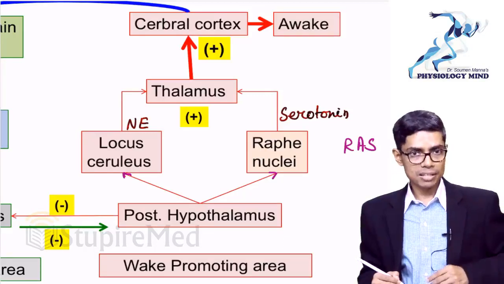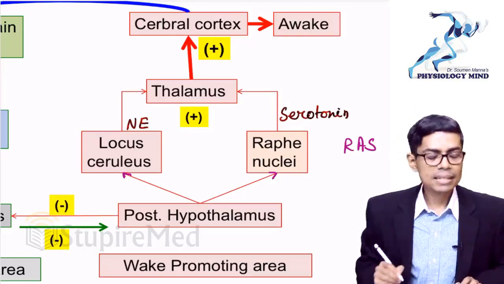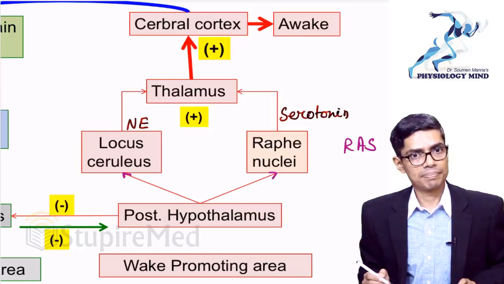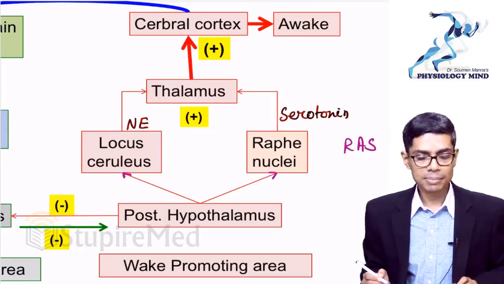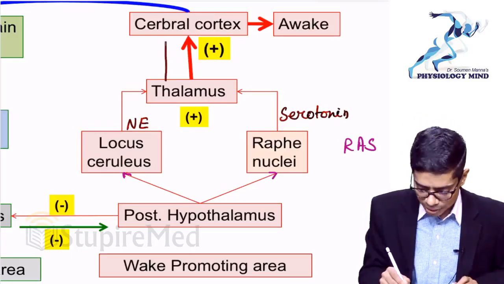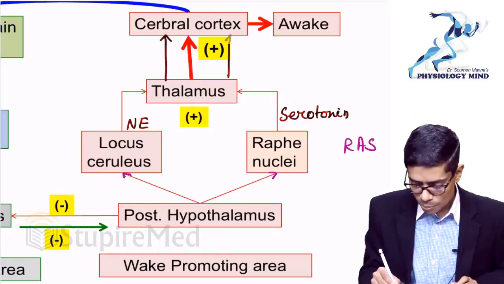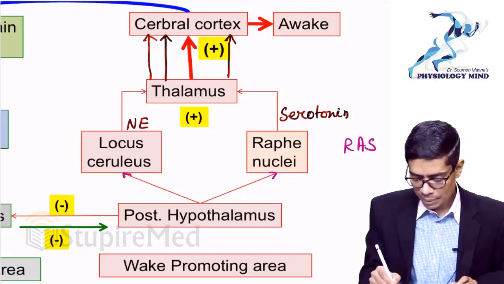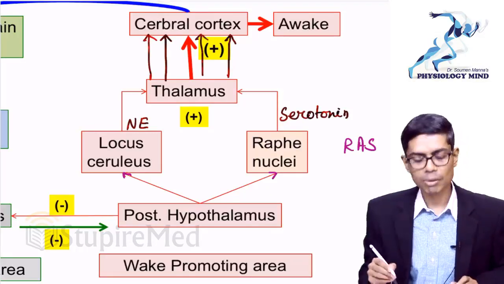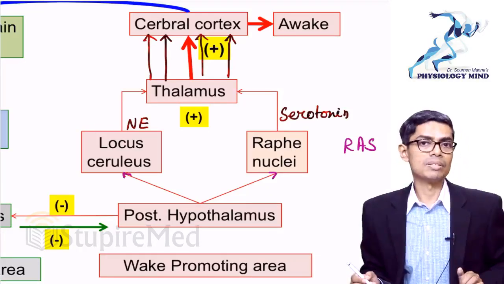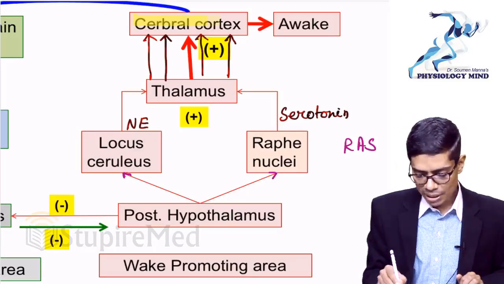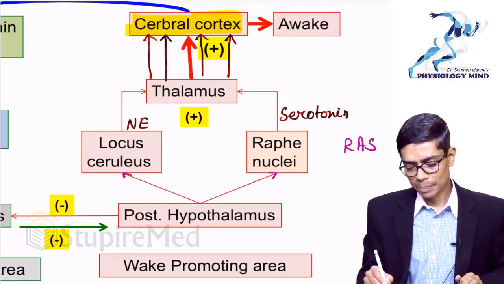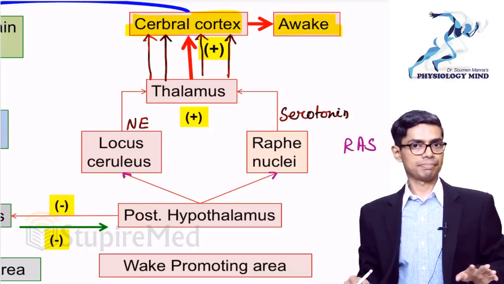These two neurotransmitters stimulate the intrathalamic nucleus and the reticular nucleus of the thalamus, and from the thalamus diffuse projections go to all parts of the cortex. Because of this diffuse projection, the cerebral cortex will remain active and the person will remain awake.